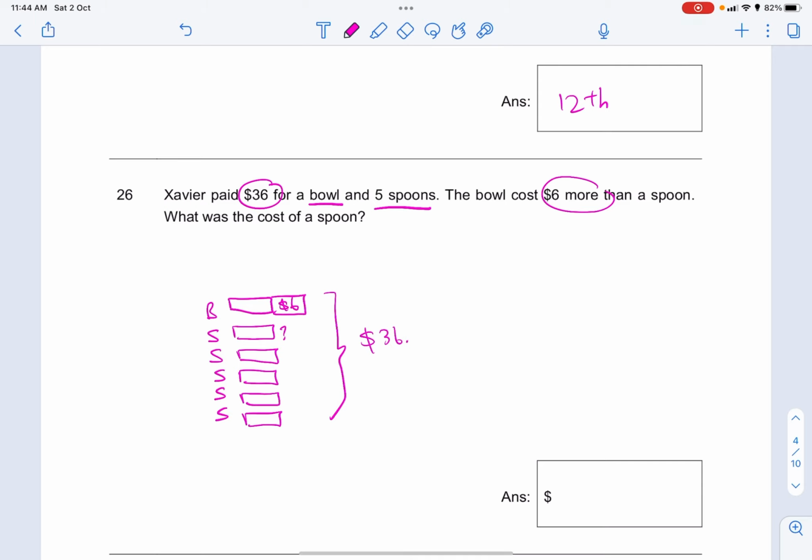How much is 1 spoon? So we need to remove this to make all the units the same. So $36 minus $6, $30. So $30 for 6 units. So I'm going to divide by 6. I will get $5. So 1 spoon is $5. And if the question asks you for the cost of a bowl, the bowl would be $11. Okay, then the spoon is $5, right?